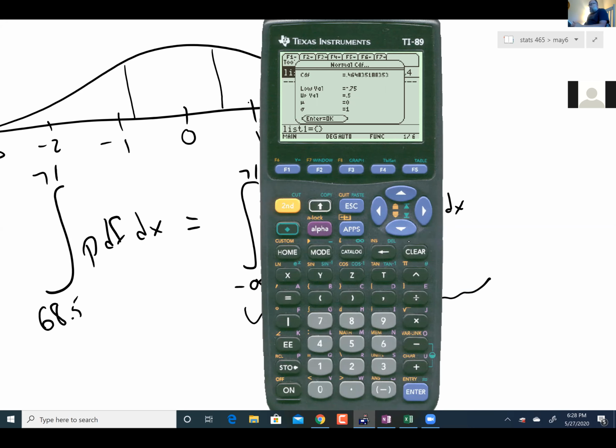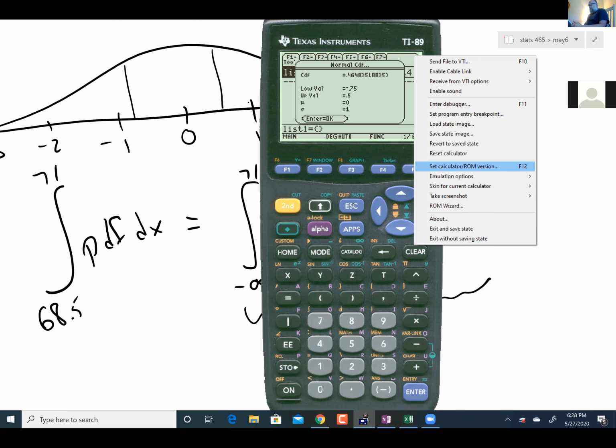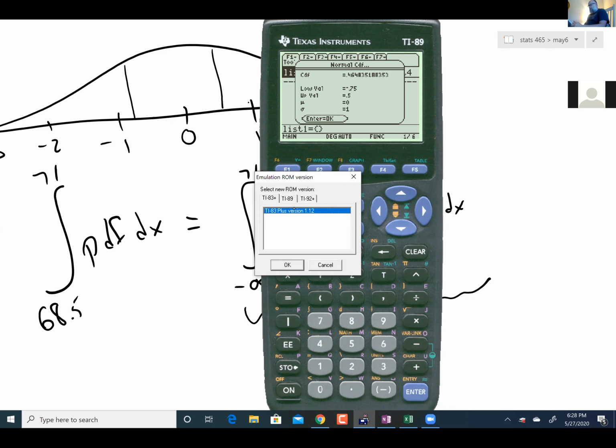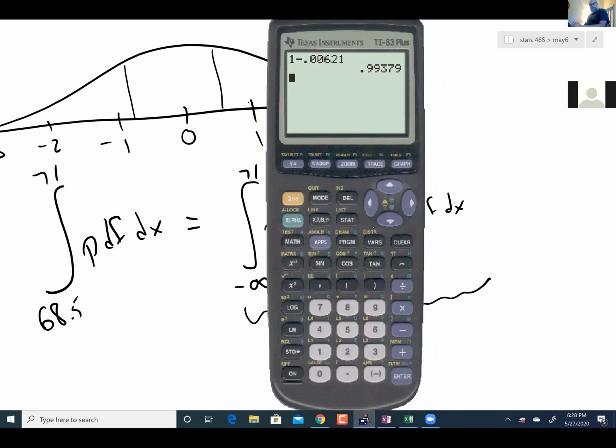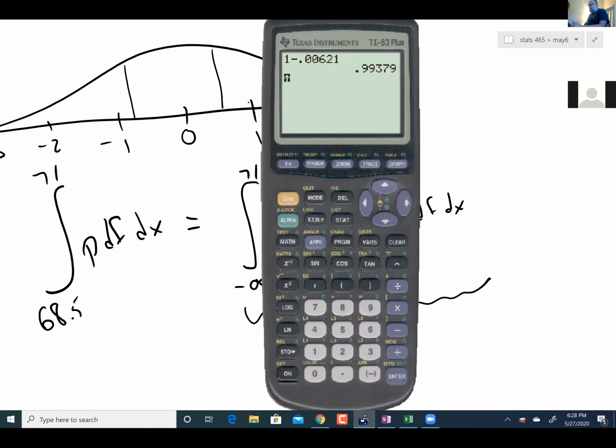Okay. I don't know if anybody has the 84. Let's put one of those up here real quick. The 83, 84, same calculator. It's here too. It's under distribution, right on top of the little bars key right here. If you go second distribution, normal CDF. And this one doesn't allow you to do an upper and lower bound, so you would put in 0.5. Oops, I lied to you.